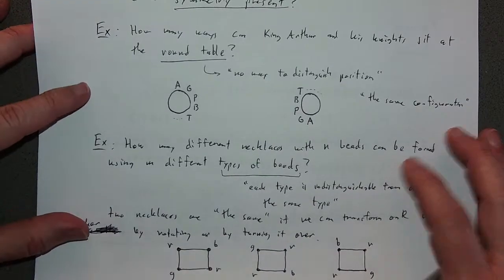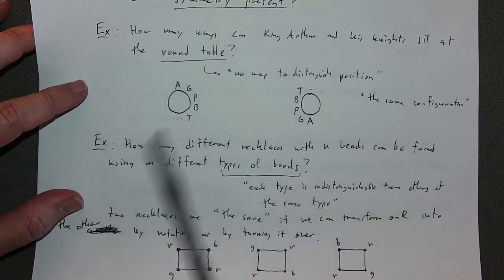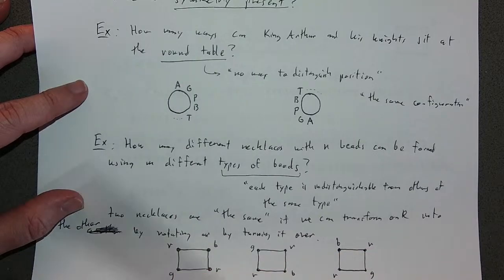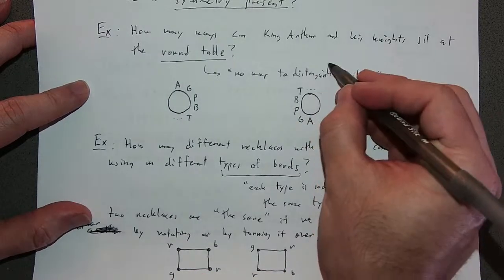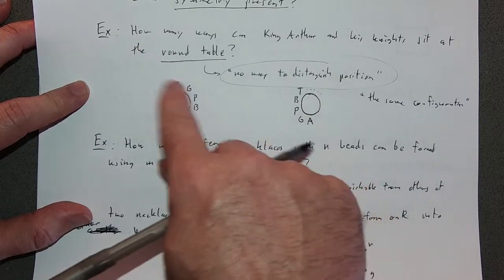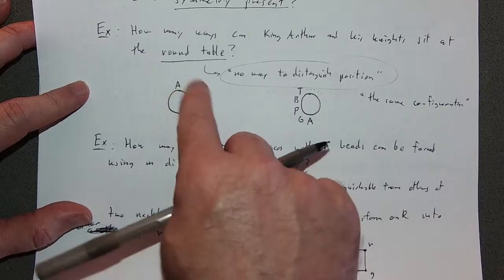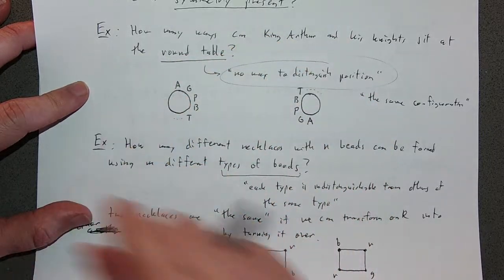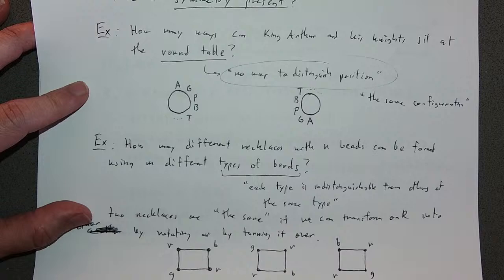It was a couple of questions. So the first one was, how many ways can King Arthur and his knights sit at the round table? And since there's no way to distinguish position at this round table, it meant that we needed to treat any sort of rotational symmetry, of course, a circle has a lot of rotational symmetry, right?